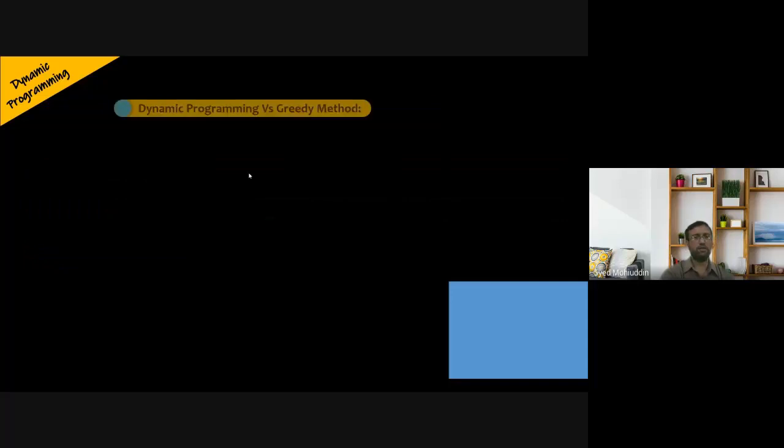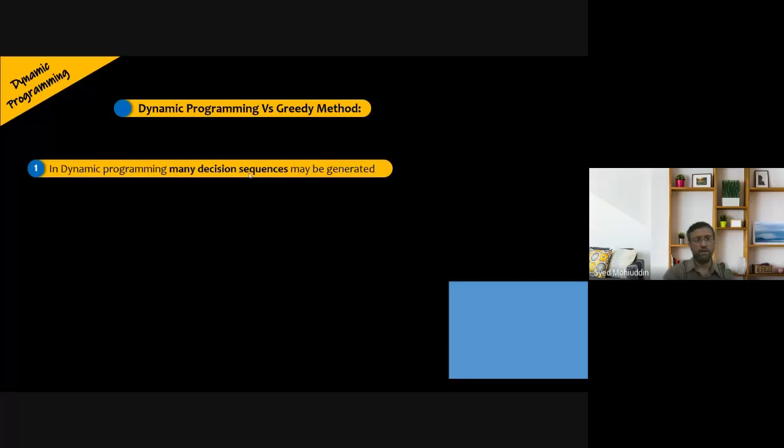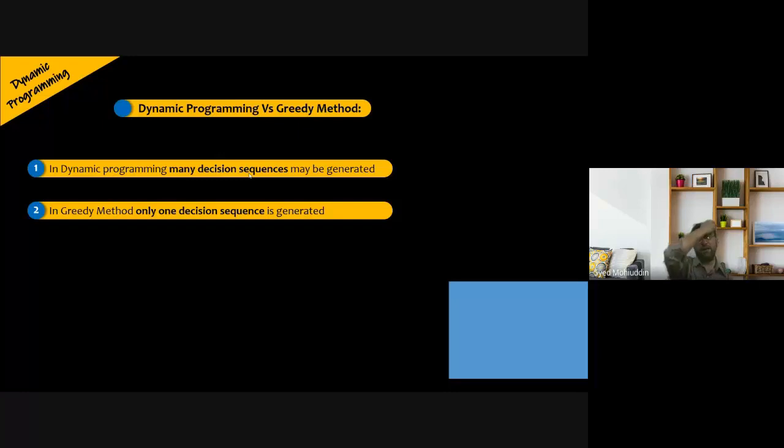Now, let us also look at the difference between the greedy method and dynamic programming. In the greedy method, only one decision sequence is generated, which will lead us to the optimal solution.